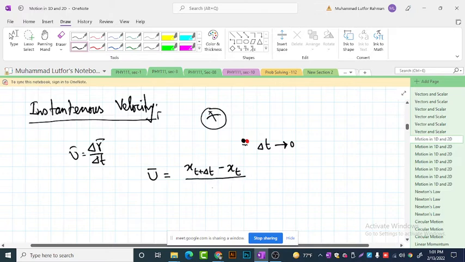Divided by the time difference, t plus del t minus t. And we can say del t tends to 0. Do you understand this equation?